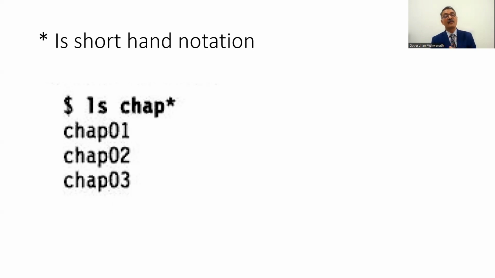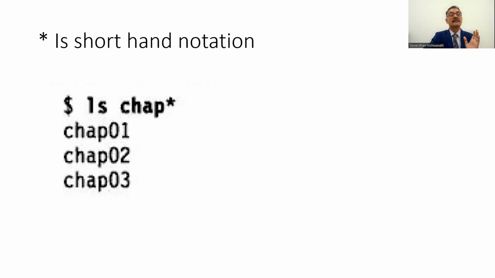CHAP is common, followed by 01, 02, 03. Again, chap01 is first, 02 second, 03 third. So this is clear: ls lists the files of the directory in alphabetical order, with higher priority to capital or uppercase first, and then lowercase.